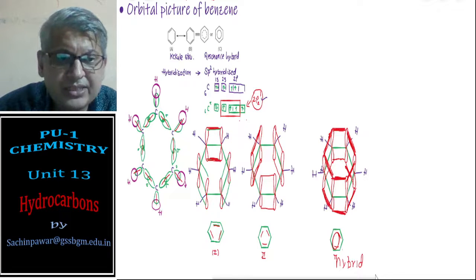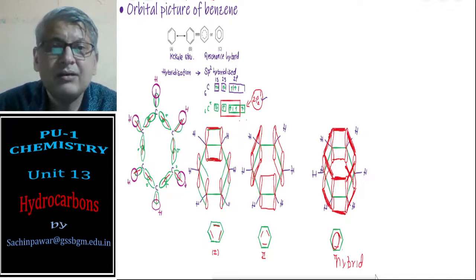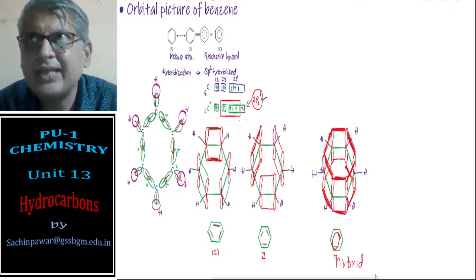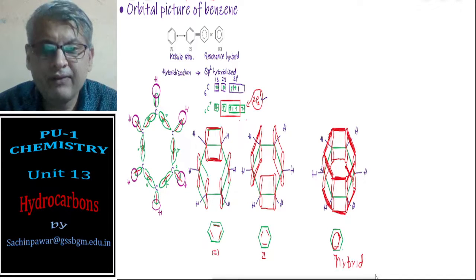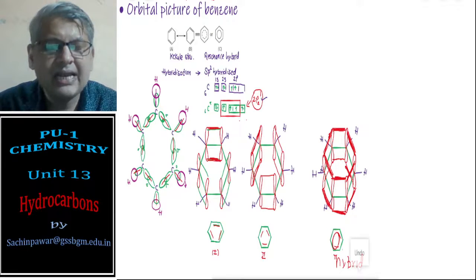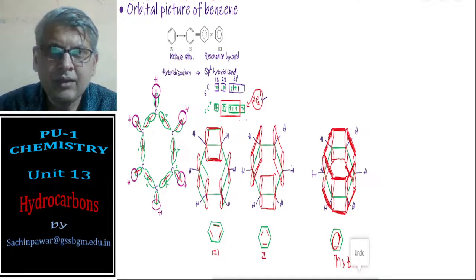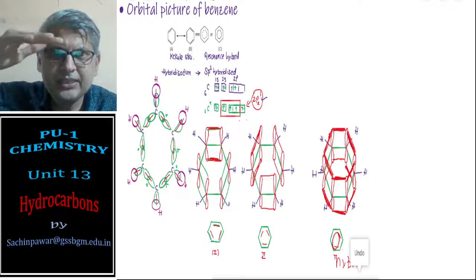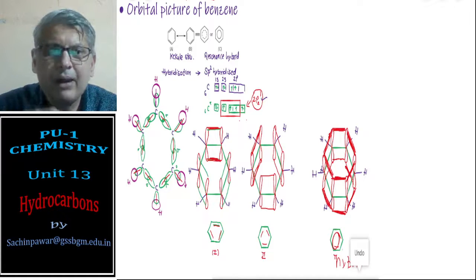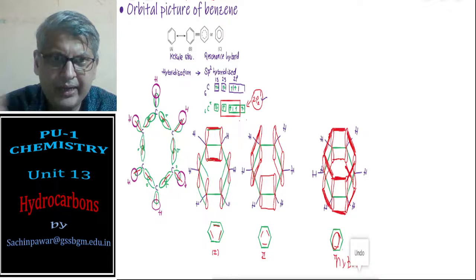Hybrid structure of benzene, that is, you have got this structure just like, if I want to give an example, I will say this is like a bun pav. Take two pav, or you can take a burger.